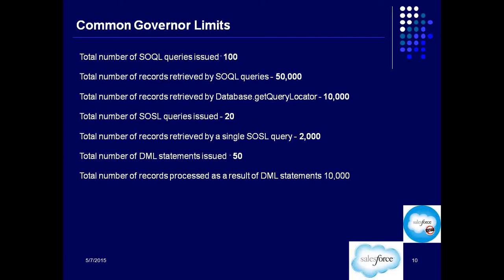Question: if a single SOSL query returns more than 2000 records, how can we display that? Is there a way to split the query? In that case, you have to write the code in such a way that you do not hit the governor limits.